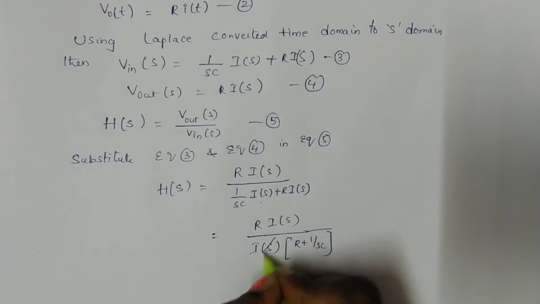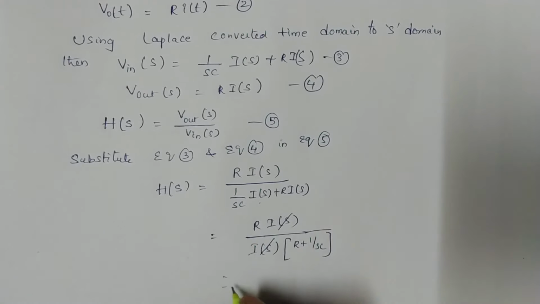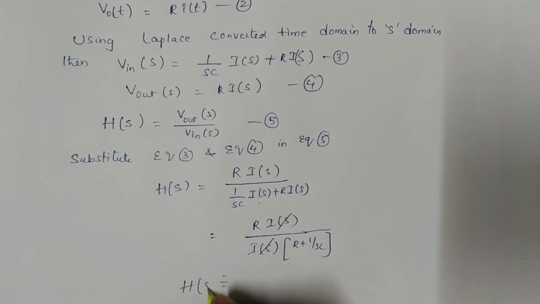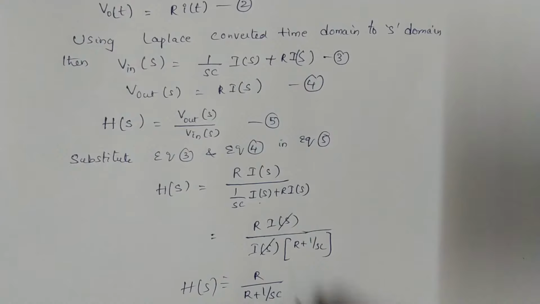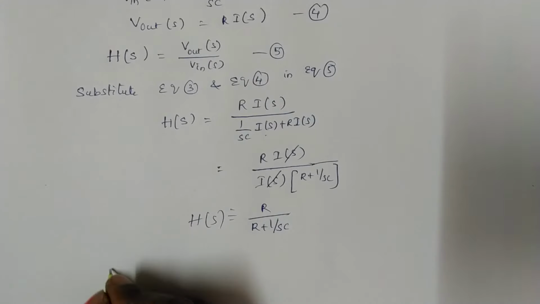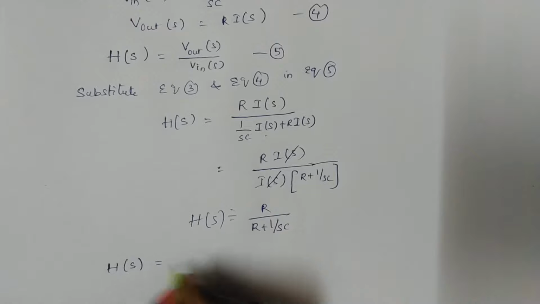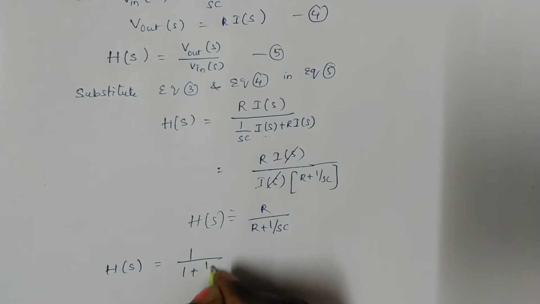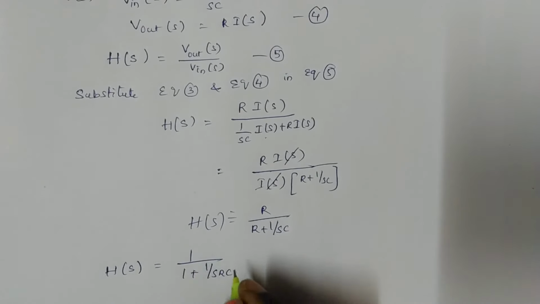The I of S and I of S get cancelled. Then H of S equal to R by R plus 1 by SC. By taking R as common in the denominator, we simplify this equation, and H of S is written as 1 by 1 plus 1 by SRC.